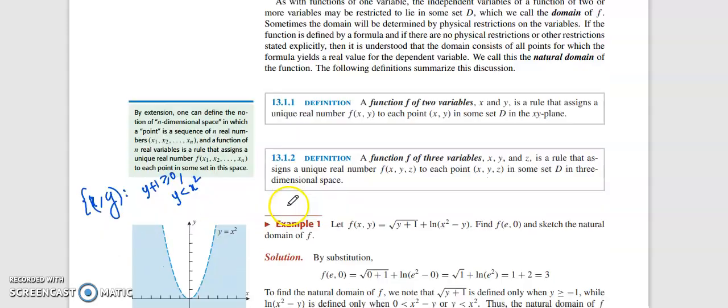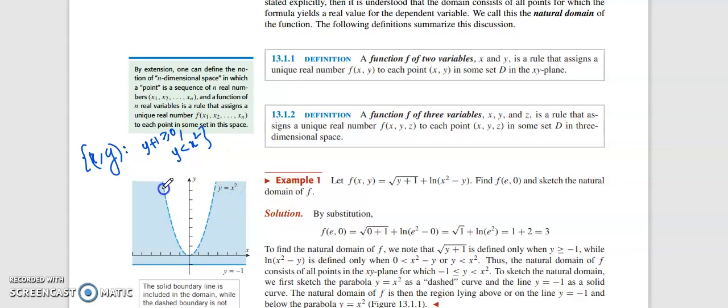So y equal to x square is this parabola. y less than x square means the region below the parabola. Since there is no equality here, the parabola is not included, so you are representing it by a dotted curve. And y equal to minus 1 is this line. So the region below the parabola and above y equal to minus 1 is our domain.